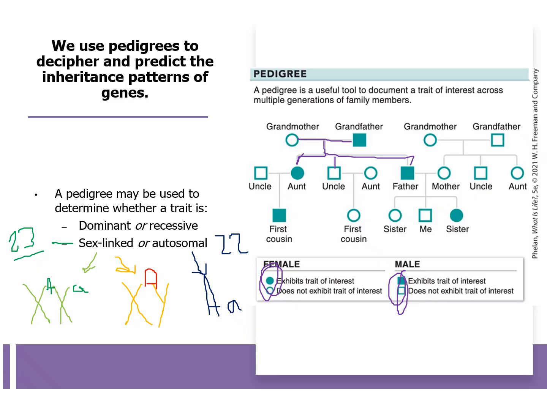So what we can see here is when we have a circle and a square that has a line connecting it, that is a mated pair, versus this line that is coming down from a mated pair, these are siblings.